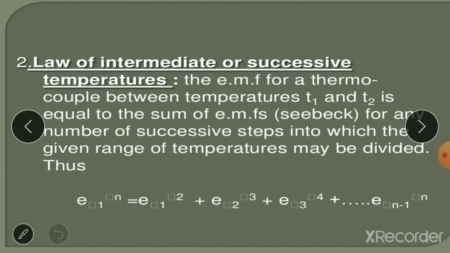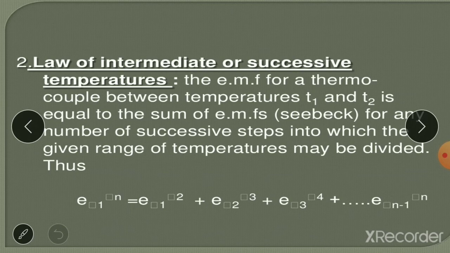Law of intermediate or successive temperatures. According to this statement, the EMF for a thermocouple between temperatures T1 and T2 is equal to the sum of EMFs for a number of successive steps into which the given range of temperatures may be divided.